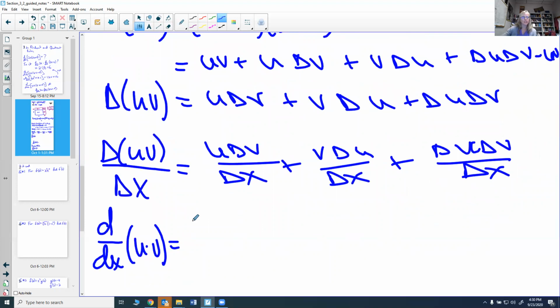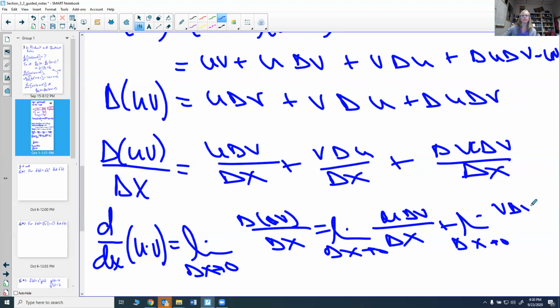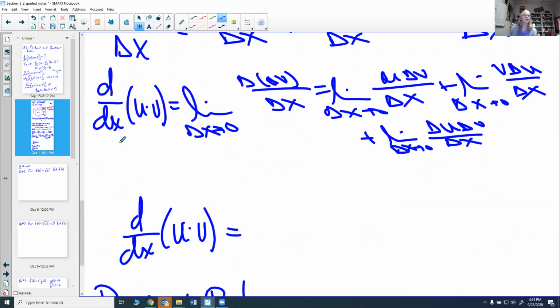So the derivative is the limit as delta X goes to 0 of delta UV over delta X. That would be the limit as delta X goes to 0 of U times delta V over delta X, plus the limit as delta X goes to 0 of V times delta U over delta X, plus the limit as delta X goes to 0 of delta U delta V over delta X. Well, again, this is just the derivative.